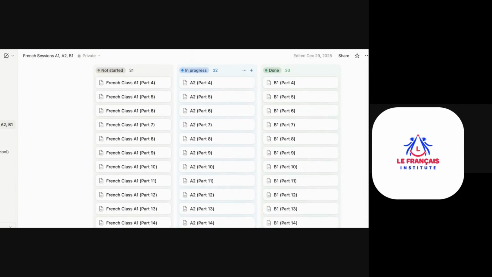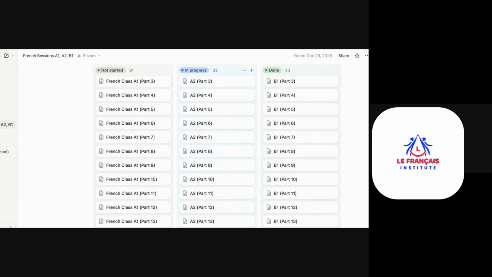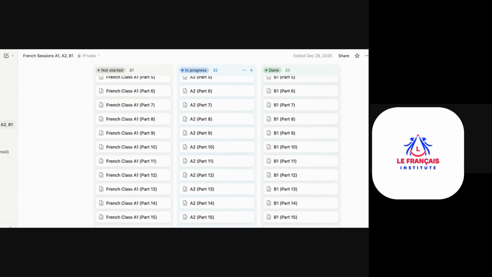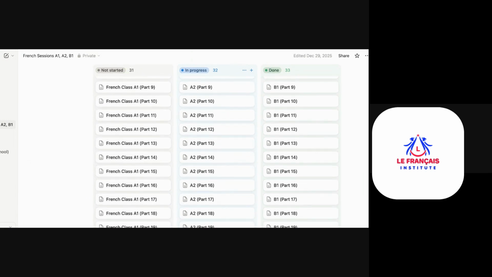But I'm inclined to 50-50 or 60 for TEF and 40 for TCF, so it's more verging towards TEF. Both these exams have their own different formats and different ways of approaching.